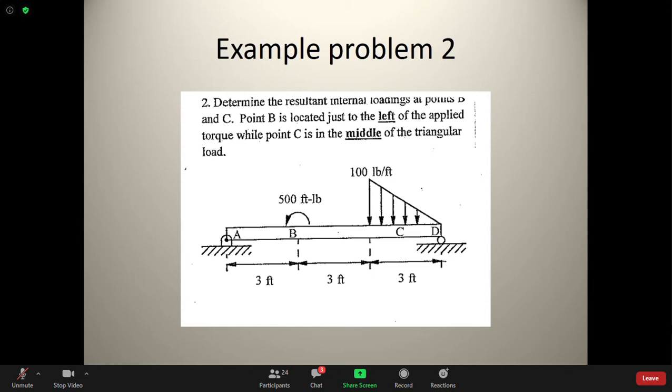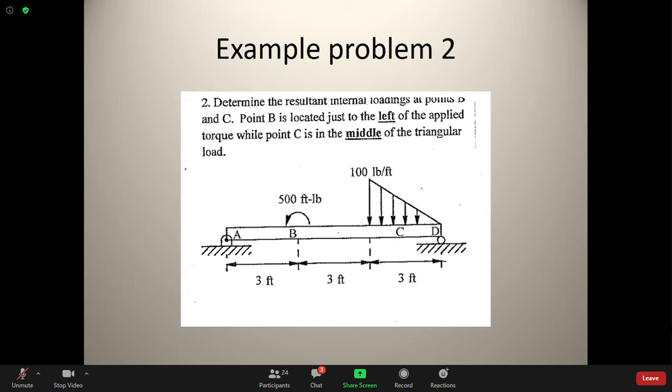So I'm trying to find the support reactions here. The first thing to do is to draw the free body diagram of the beam, and that will look something like this. So there's my beam. And I have to replace my supports by their reactions.